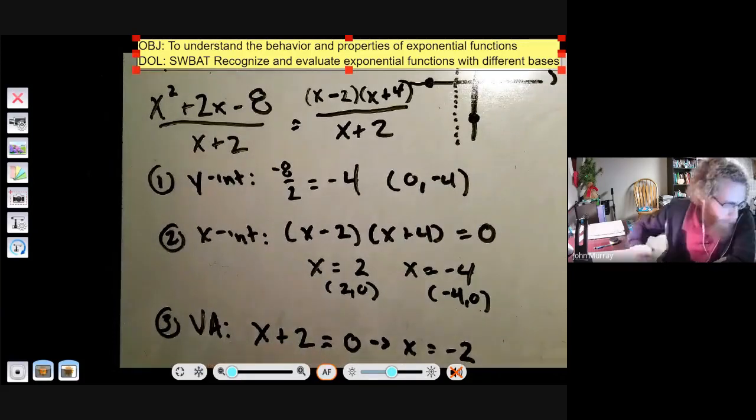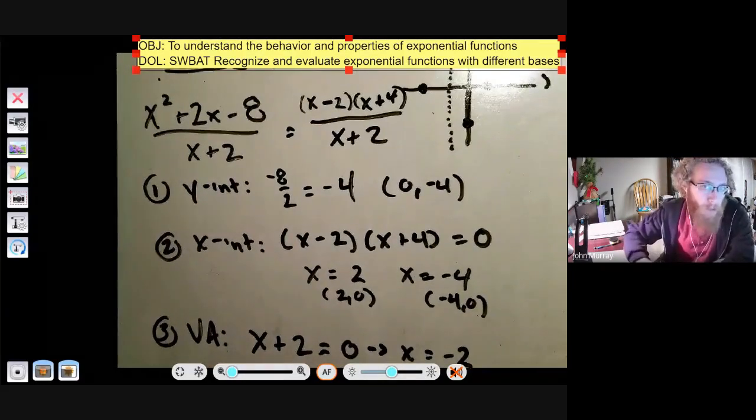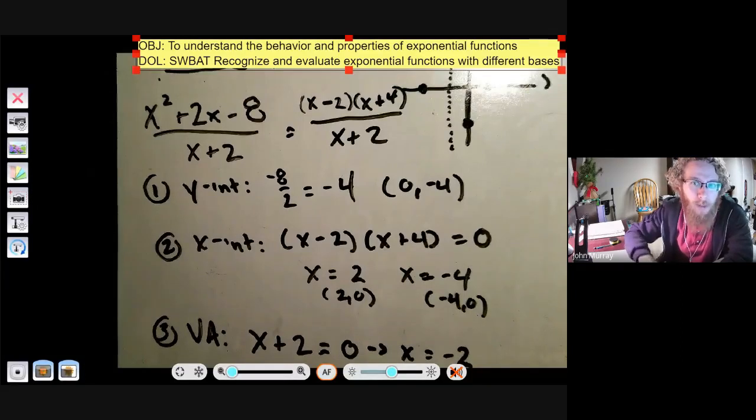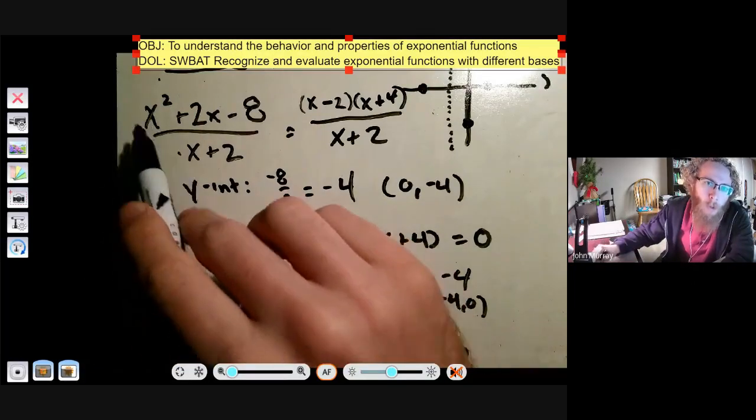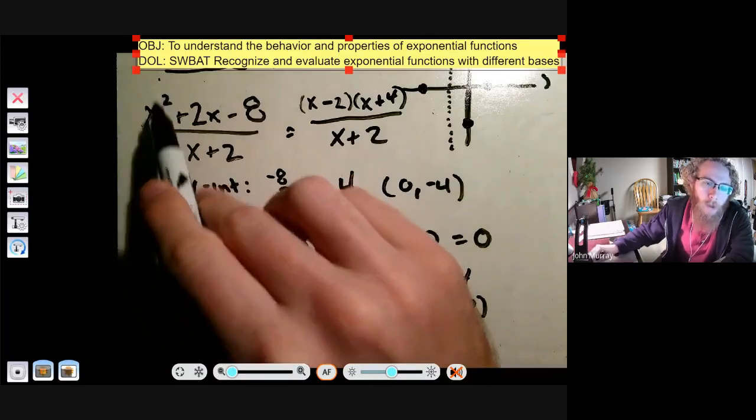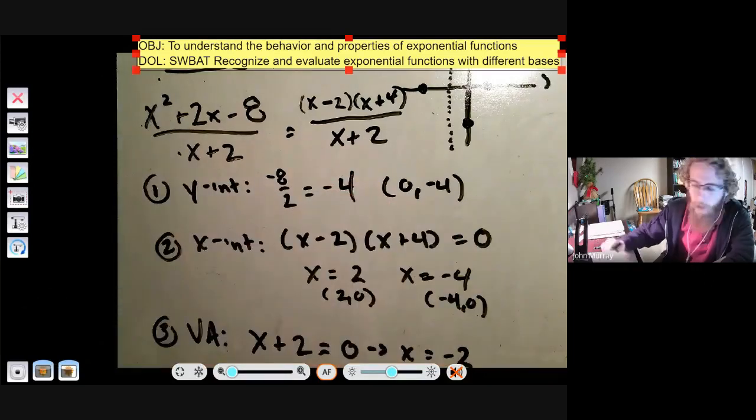So our last step. Here I told you it was a slant asymptote, but if you're asked to graph this, you won't be told it's a slant asymptote. You have to recognize that it's a slant asymptote from our rule: our numerator degree is greater than our denominator degree.